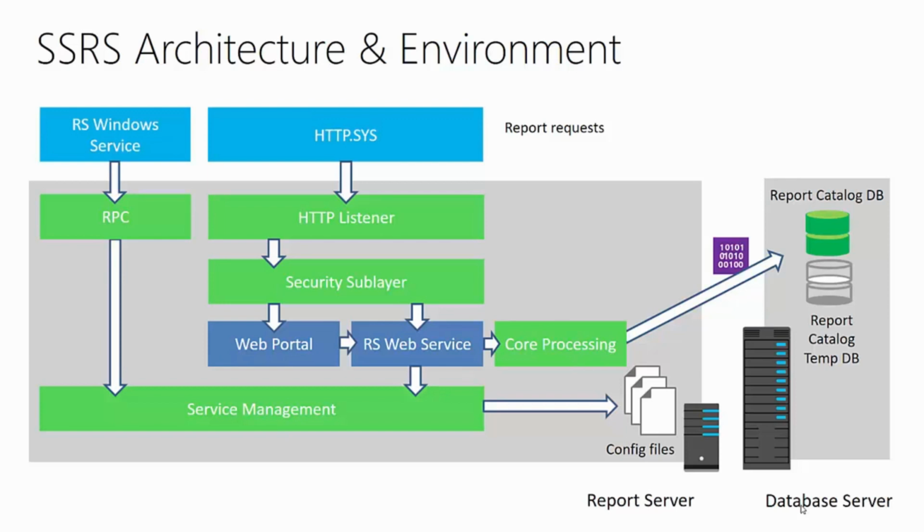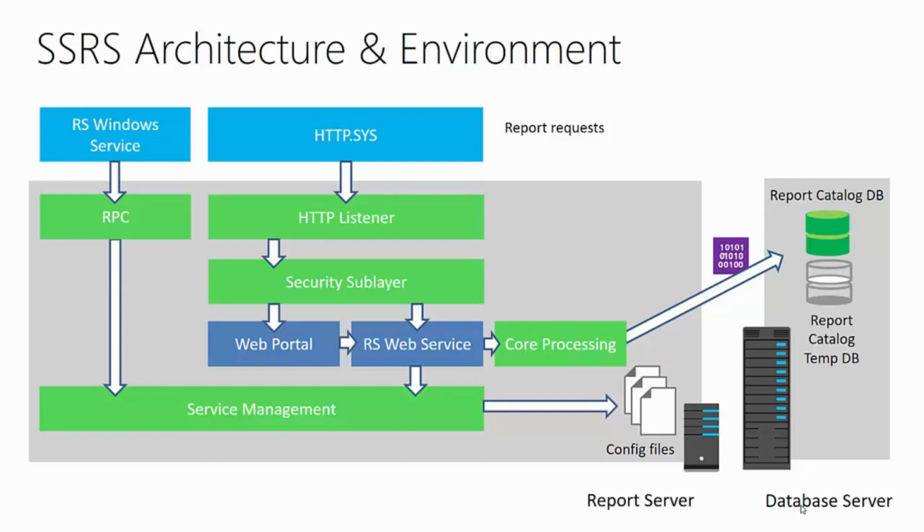The core processing engine is a collection of components that actually take care of managing security, data access, rendering, and the delivery of reports. And then at the bottom of the whole thing is what we call service management, which really is just a category of Windows services and components that make the whole thing work.